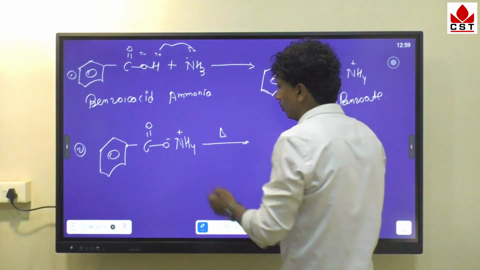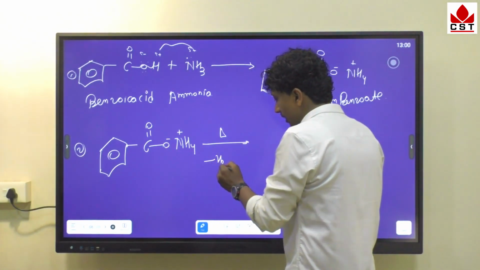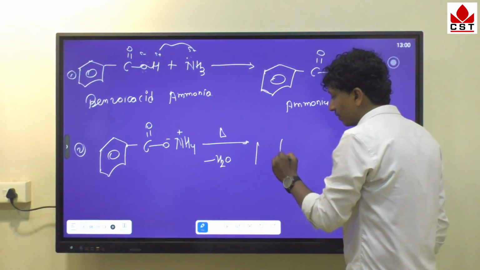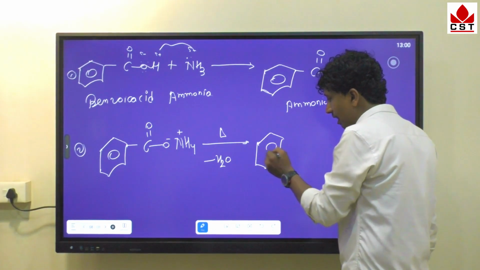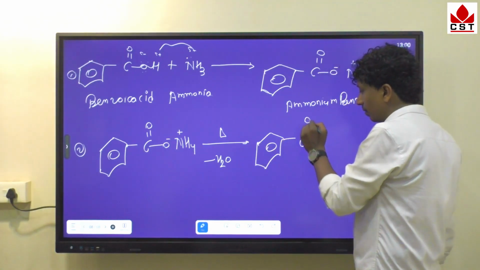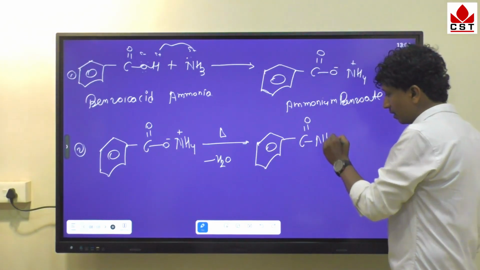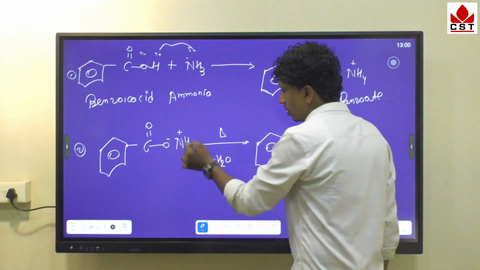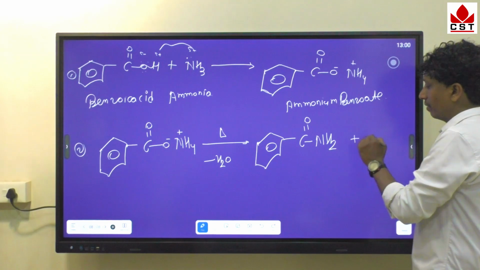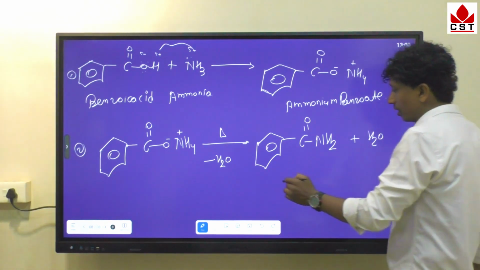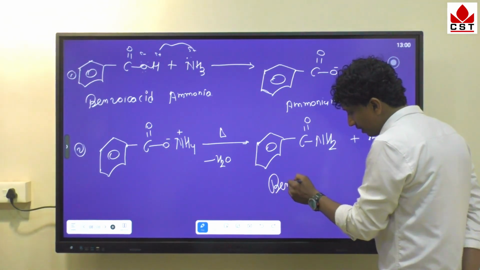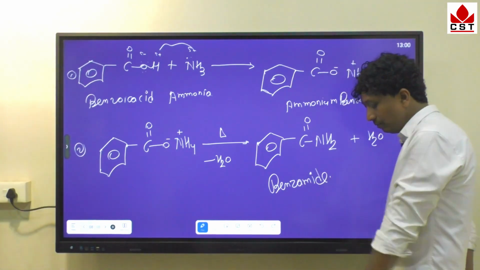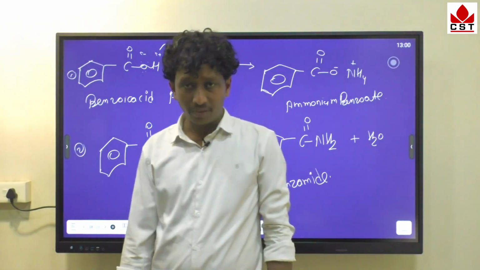Minus water molecule, 2 hydrogen, 1 oxygen, is lost in the reaction, and the ring remains as it is, with C double bond O and NH2. The name of that compound is benzamide.